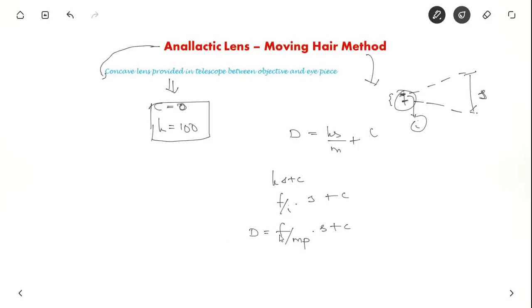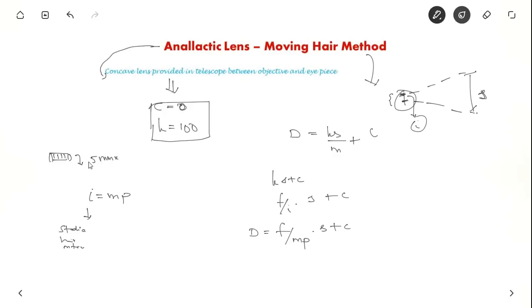So here D is equal to F divided by MP into S plus C. So this I equal to MP. So what does this mean? I, you know, it is stadia hair interval. To change the stadia hair interval, there will be a screw which you will be able to rotate, and each rotation will change the I by some, let us say 5 millimeter or something.